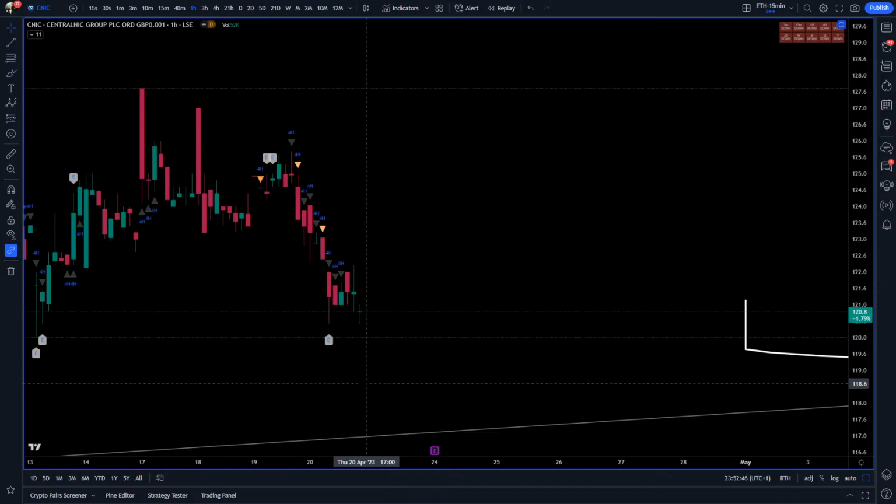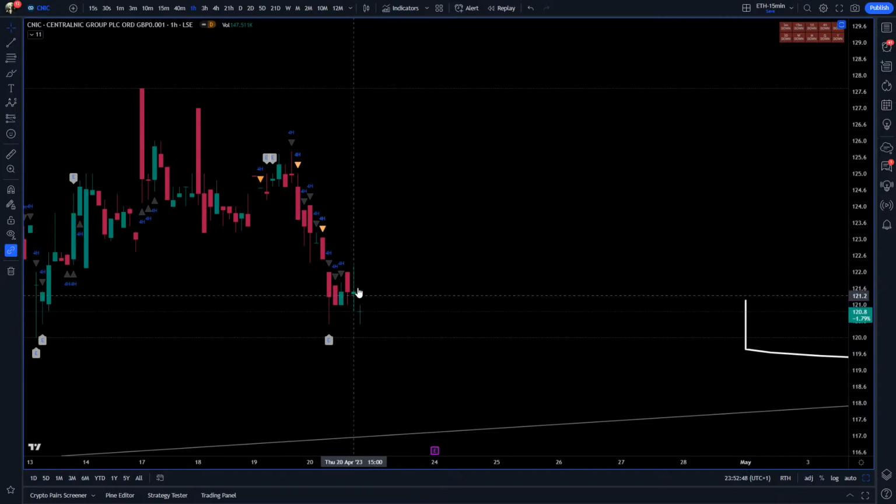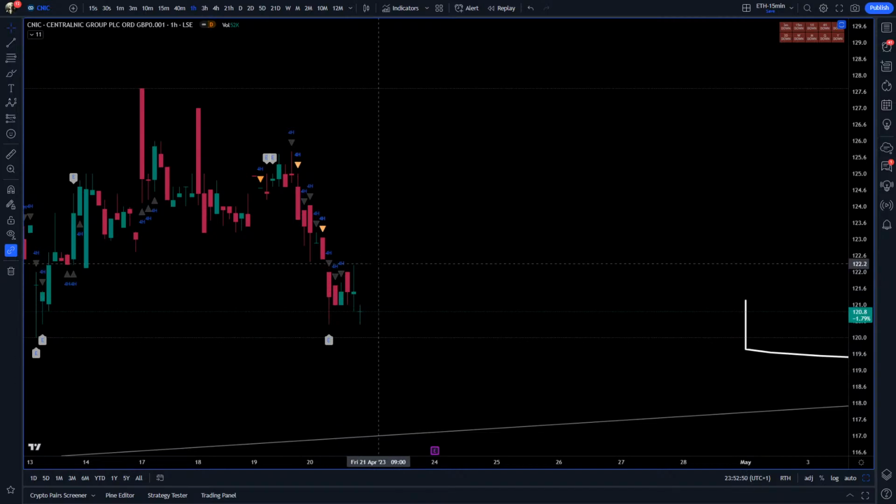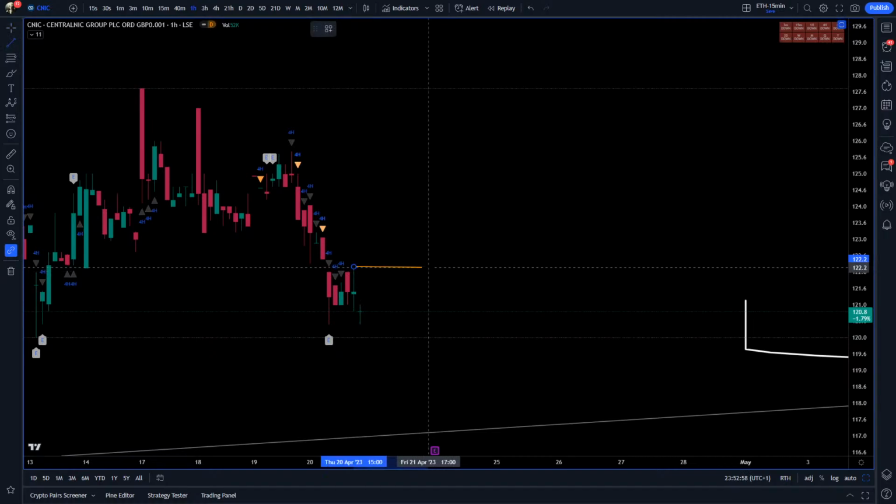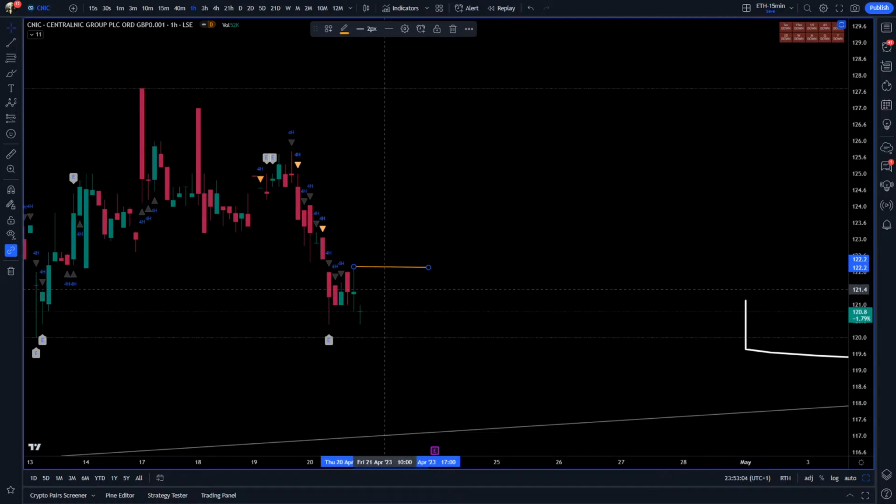And if this drop is not successful, we hit our stop loss, and there will be a break of structure, a break of structure when the price increases beyond 122.2.